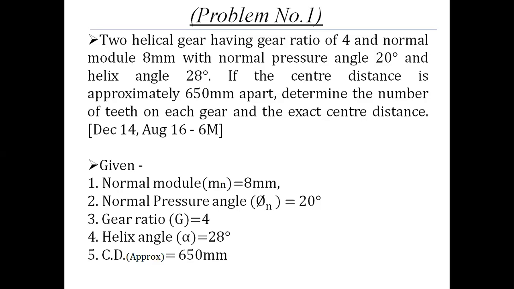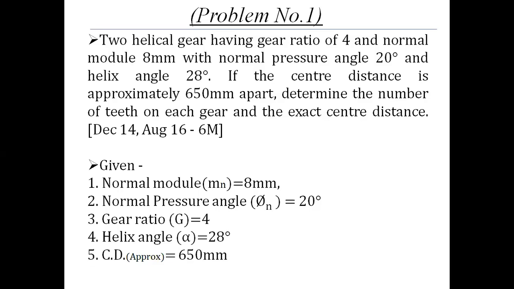One is the transverse plane, which is the plane of rotation, perpendicular to the axis of rotation, and the other is the normal plane, which is normal to the teeth on the helical gear. So when two different planes are there, two different modules and two different pressure angles are there.